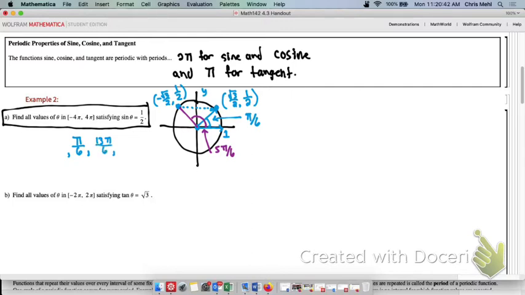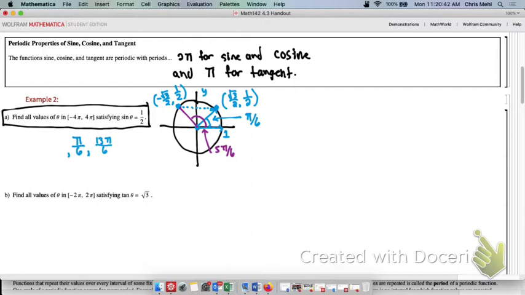Okay, you can add 2 pi again. That's another 12 pi over 6 to get 25 pi over 6. And as long as 25 pi over 6 is less than 4 pi, this is good. But it turns out that 25 pi over 6 is actually too big. That's greater than 4 pi, so I don't want to include that in my list.